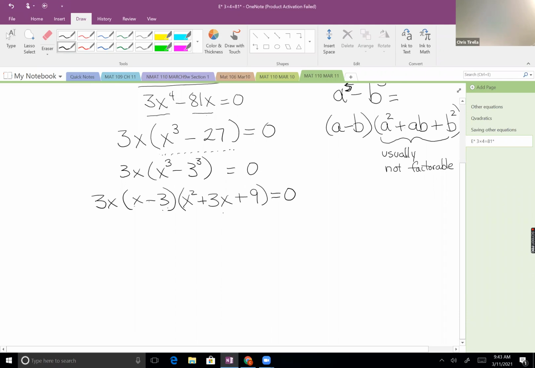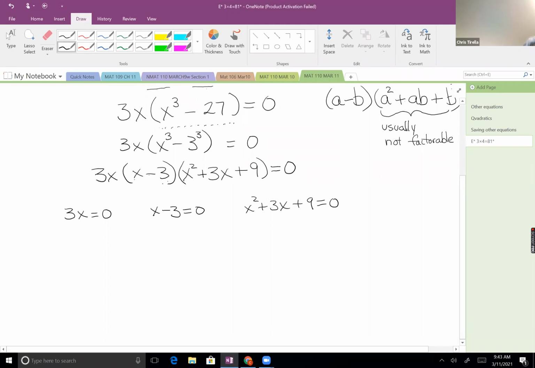And again, if those three things multiply to 0, then one of the three must be 0. So I'm going to go ahead and set each of those factors equal to 0. Which gives me 3 other equations to solve.